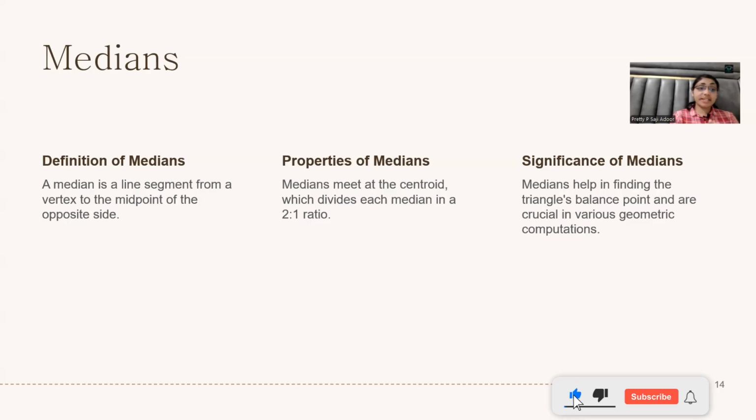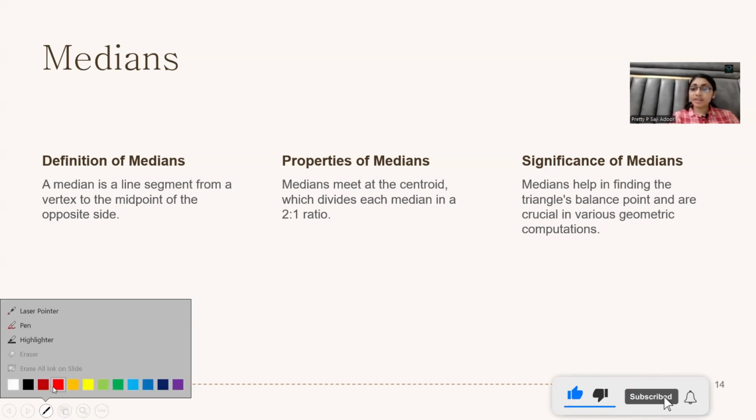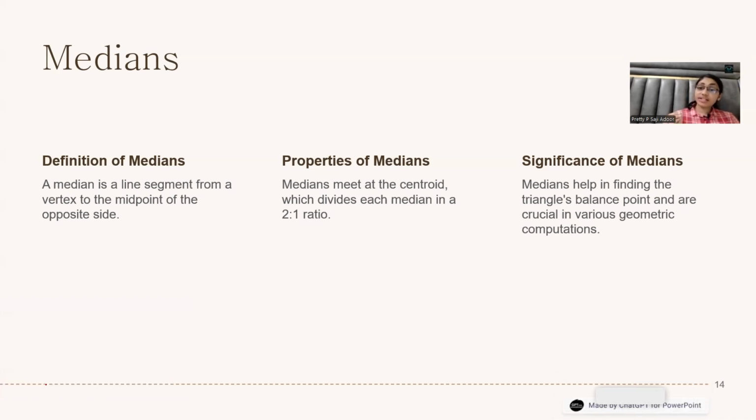The first term that we're gonna learn is median. Okay, what is a median? A median is a line segment from a vertex to the midpoint of the opposite side.